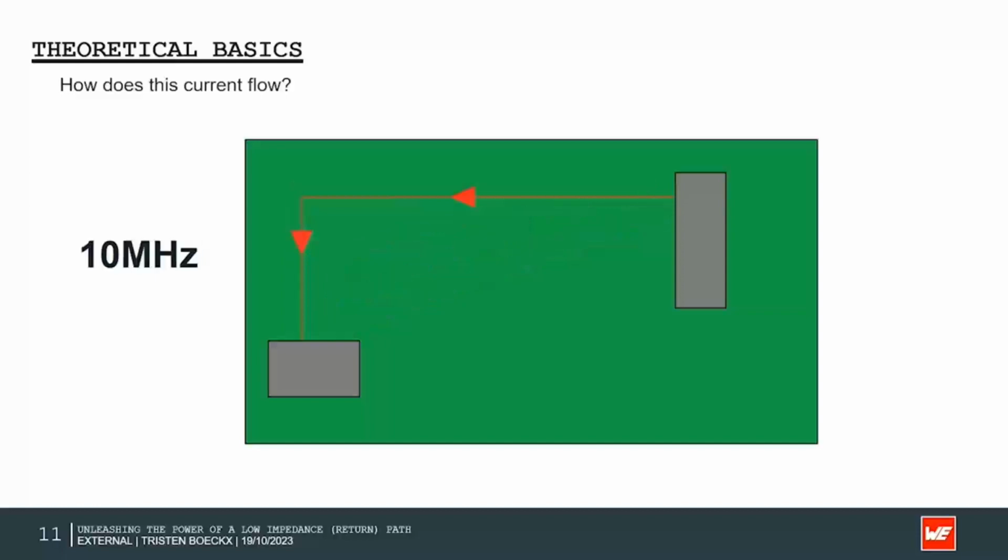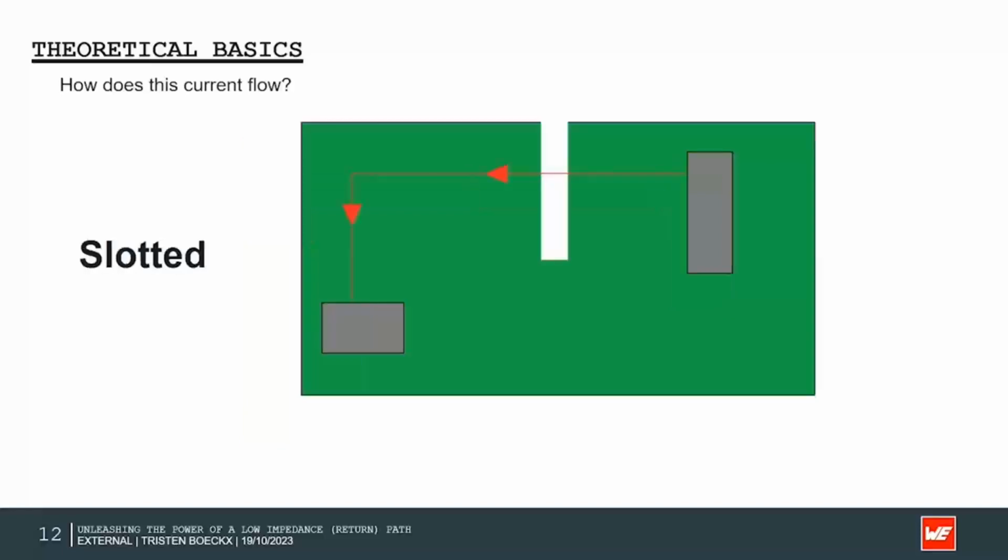At a frequency of 10 MHz and above, we could say that the return currents are almost fully flowing below the signal trace. When then facing a slotted ground plane, the return current wants to retain the shortest loop area below the signal path. When facing the slotted area, it will flow near the edge, which can create problems in a later stage looking at EMC.